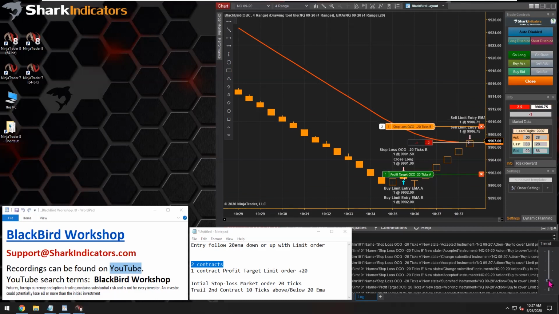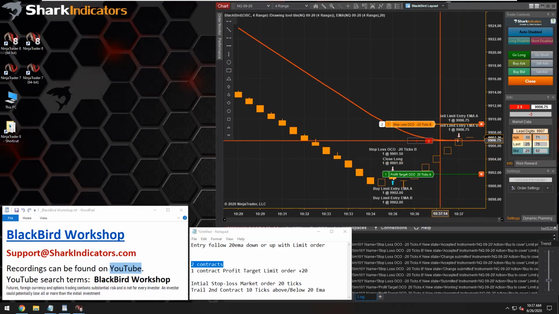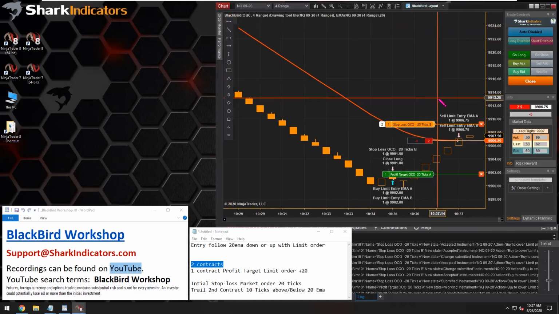All right, so this happened really fast, but you guys might have been able to see that, right? The stop loss started up here as our 20 tick stop loss, and then immediately, all right, what's going on here? Right, so our stop loss started up here, and then immediately jumped down to here because of the trailing rule, right?